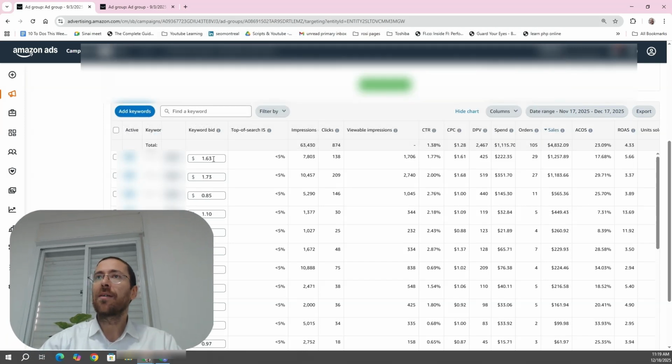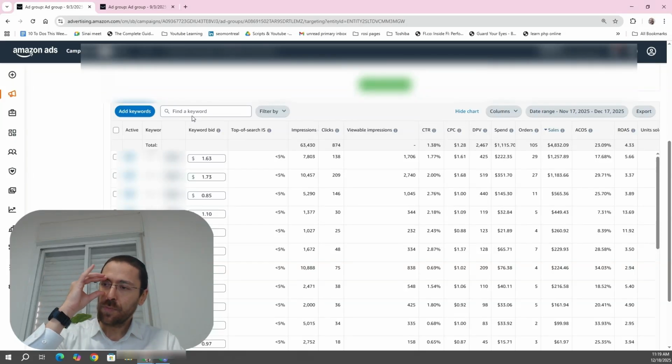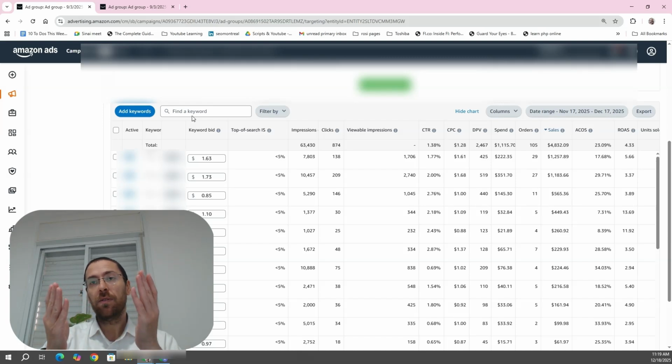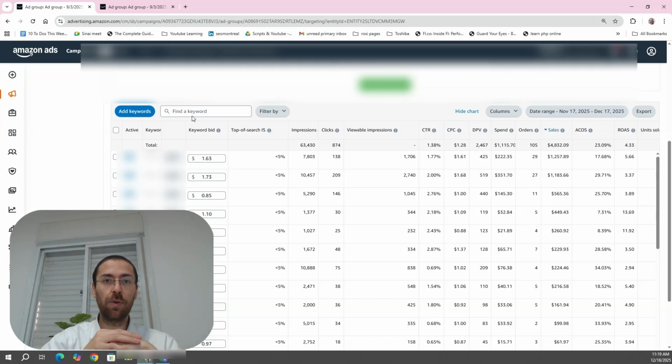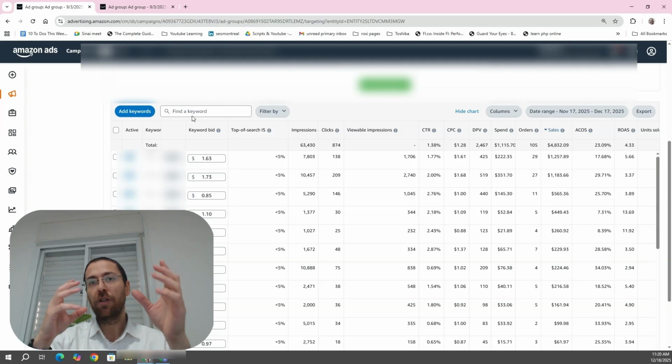Why? Because the weight of the keyword bid is much greater than the weight that Amazon gives to your bid adjustment for placement. They're not seen the same way. If I bid $1 in my keyword bid, or if I bid 50 cents and then plus 100% in order to basically double that to $1 with a placement adjustment, it's more like I've just increased it to, let's say, 75 cents, something like that, because they just want to use that when they're pretty confident you're going to convert.